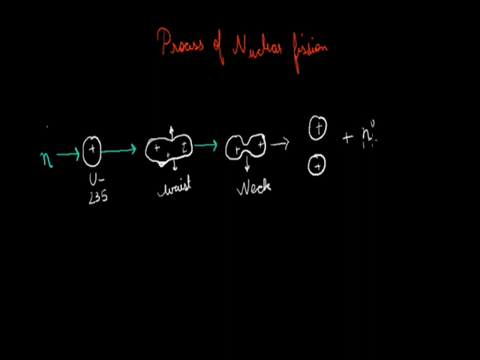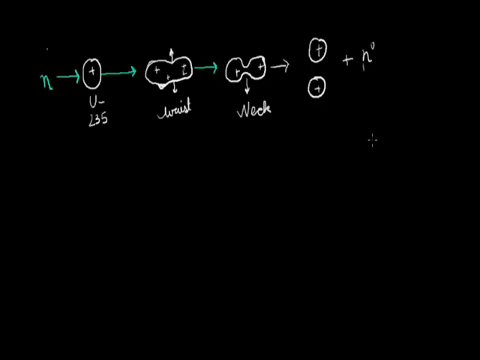In the further stage that wisp is deepened and develops a neck, and finally that neck leads to the formation of two different particles, which are the fission products. So these three scientists explained this process in the same way.